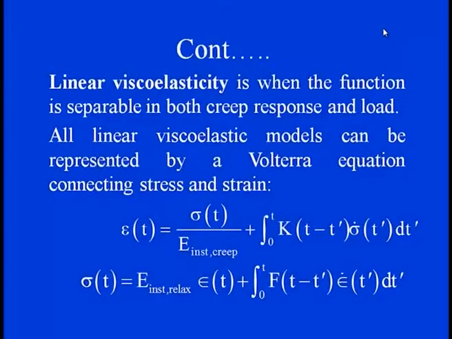So, we can say K of t minus t dash into sigma of t dash dt. So, when the stiffness variation is there along the thickness at a small segment, t minus t dash is a small segment difference, into sigma t dash, meaning at that particular segment, the small part, what is the stress component, the rate of stress.